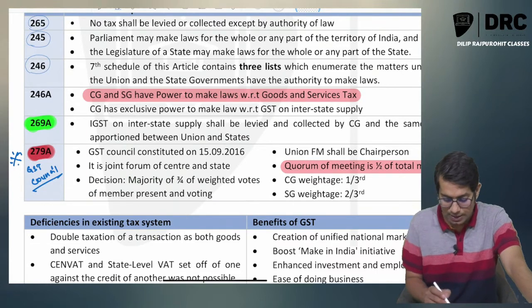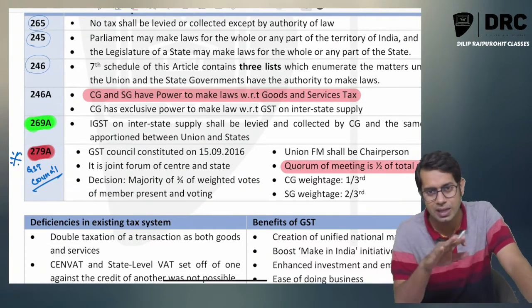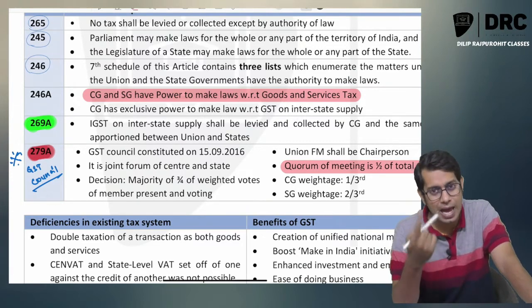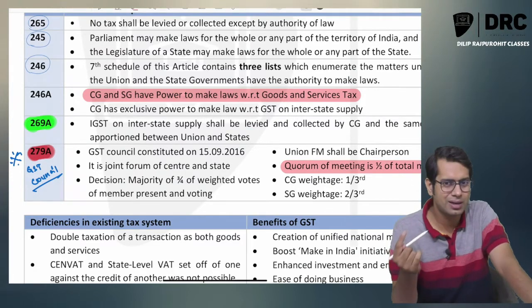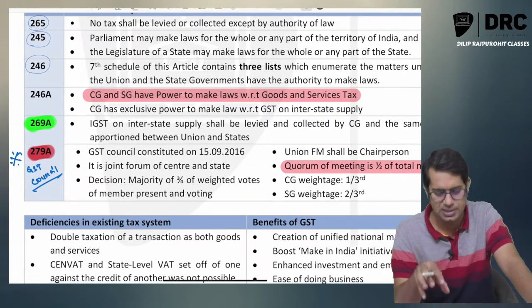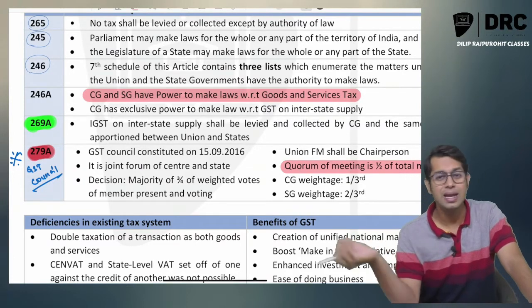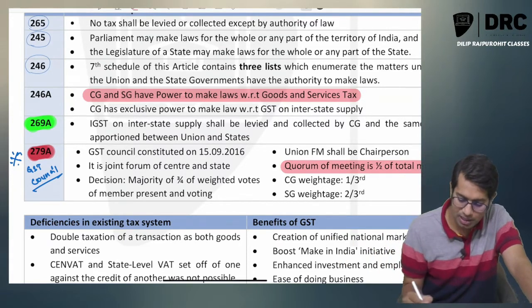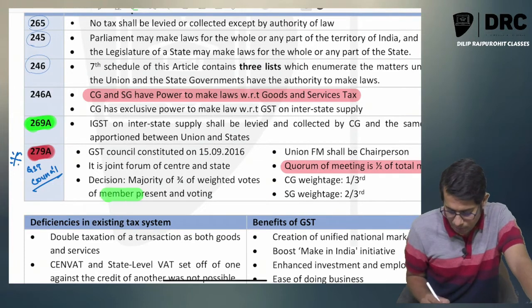So is it the members who are present in the meeting? No. They should be present as well as voting. If a member is absent in a particular meeting, can I treat that a vote is passed? No. That person should be present in that meeting, and a vote should be cast by him. Only then it will be counted. So there should be members who are present and voting.